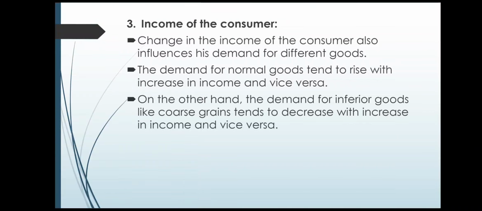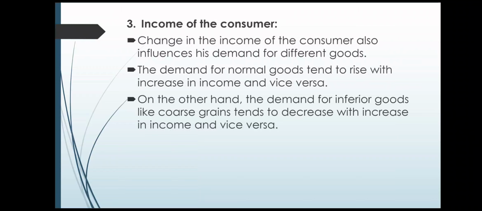Whenever there is a rise in income, there will be an increase in demand, and whenever there is a fall in income, there will be a decrease in demand for normal goods. Normal goods are all those goods that we purchase on a regular basis.